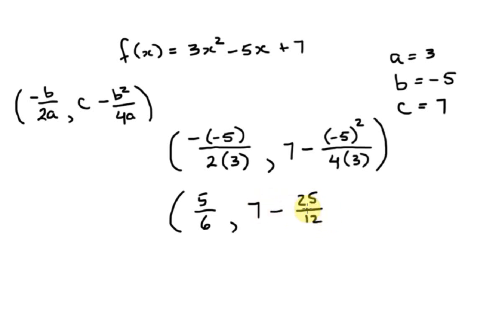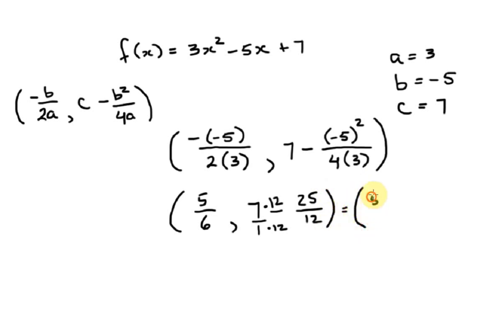And to combine these guys, it is worth it now because we actually do have just a bunch of numbers. So I'm going to turn this into a fraction and make a common denominator. So I'm going to times the top and bottom by 12. Okay, so what do we got? Our vertex looks like this.